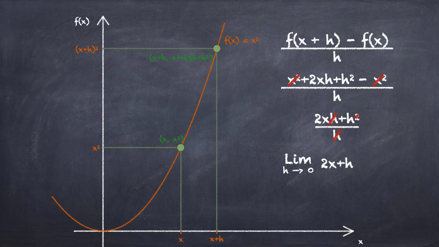We can't forget the limit. And so we get 2x plus h. We can put h equals 0 just to see what happens, and we're left with 2x. So interestingly, f of x equals x squared, and f prime of x equals 2x.